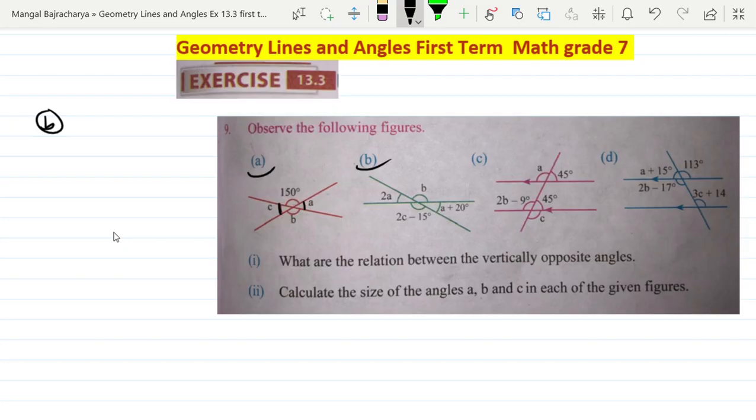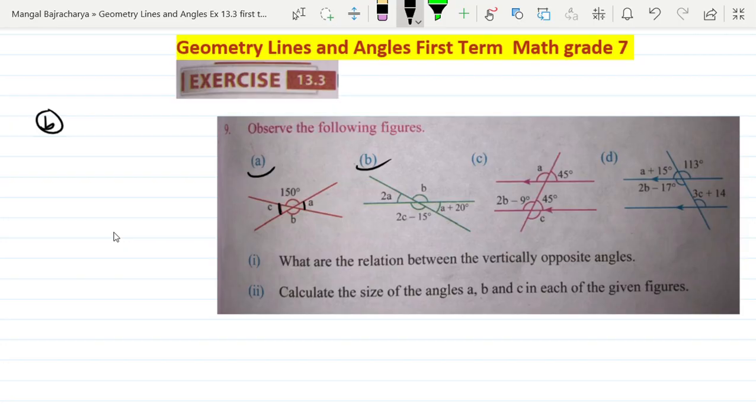So this is a bit different, or a bit more difficult. The level of difficulty is a bit more here compared to A, because you have to make the first choice of which pair you will take to use the concept of vertically opposite or adjacent supplementary. If you take 2A and B, which are adjacent supplementary angles, you will not be solving directly.